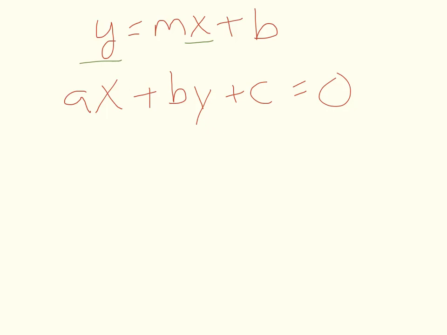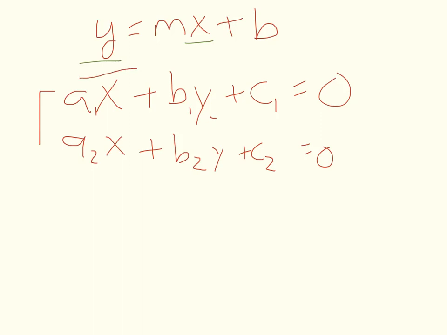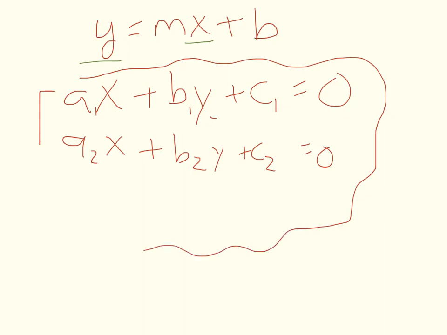Now, if we had more than one of these formulas, like this, for instance, then we have what's called a system of linear equations. In fact, the word system means that you have more than one equation. It could be 2, 3, 4, 6, whatever. So in our case, what we're trying to do is find a solution to this system of linear equations.